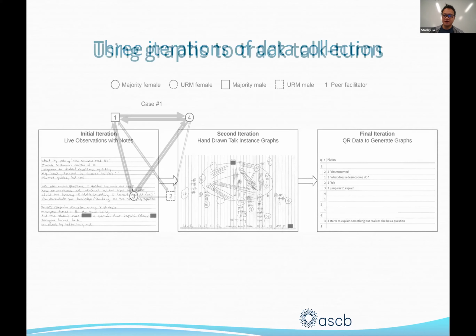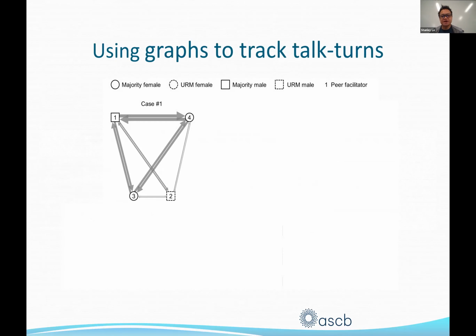And so what we ended up presenting in this paper is a number of case studies that highlight the kinds of things that we could potentially capture using this methodology. The one shown here is one group. All of these groups have a peer facilitator, and that person's always numbered number one.